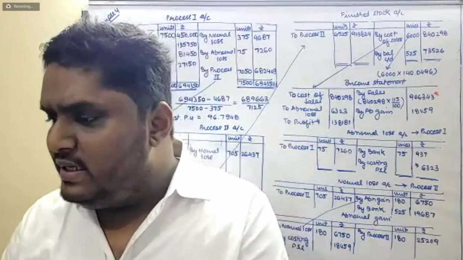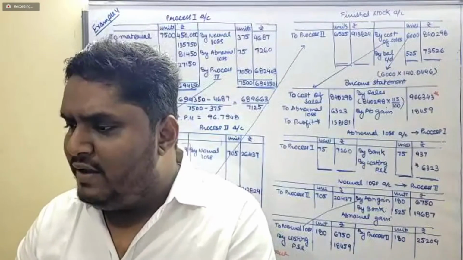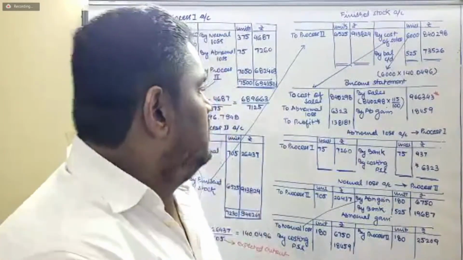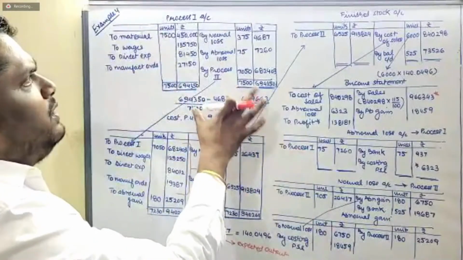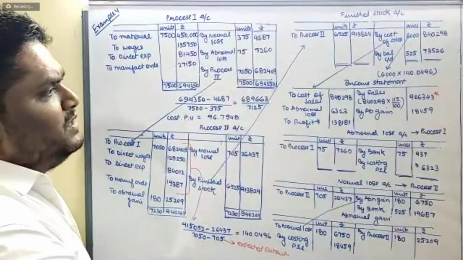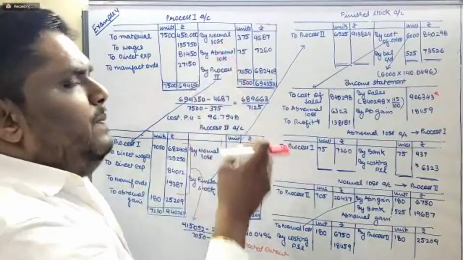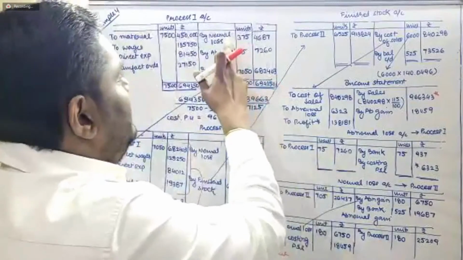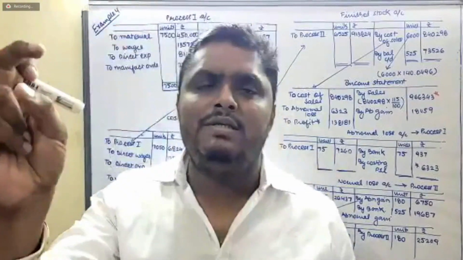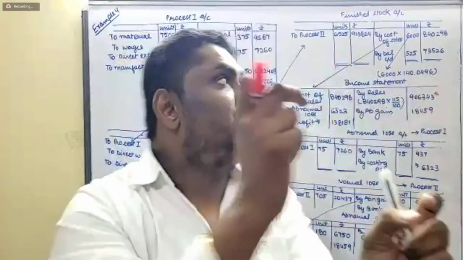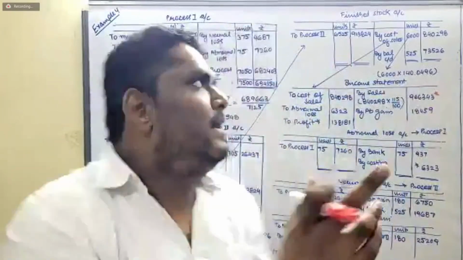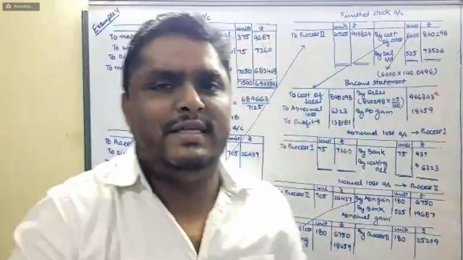Shivani asks: in the normal loss account, why did we not take the process one normal loss amount? If we prepare the normal loss account of process first, we will write to process first 375,4687, and by bank again 375,4687.